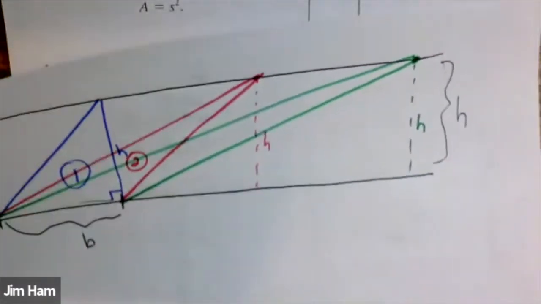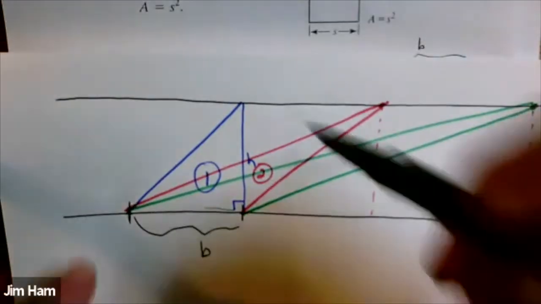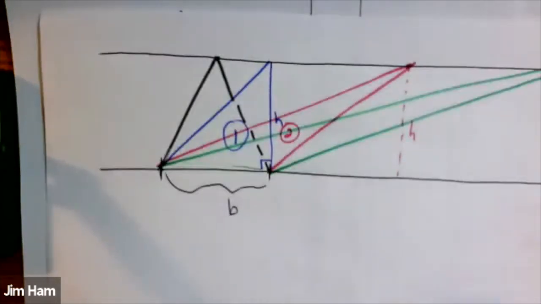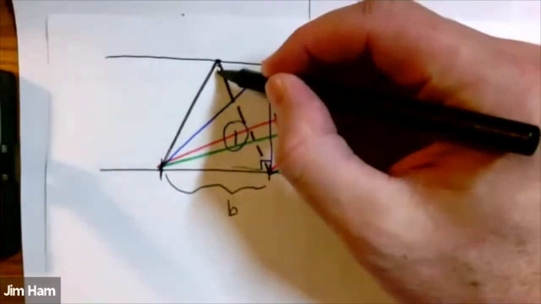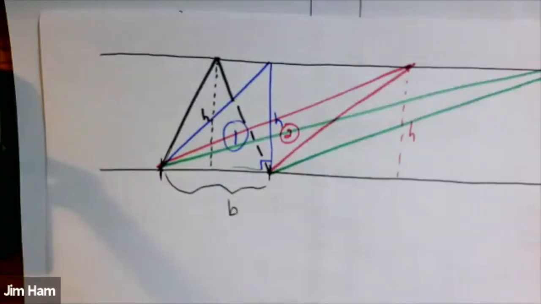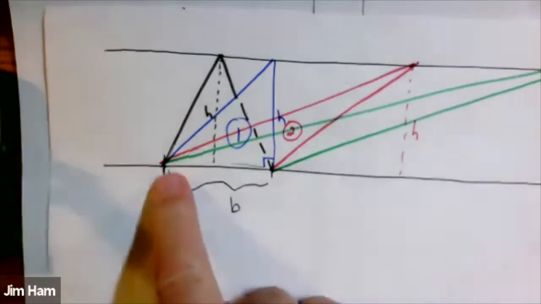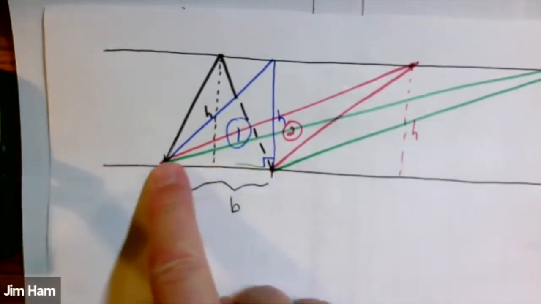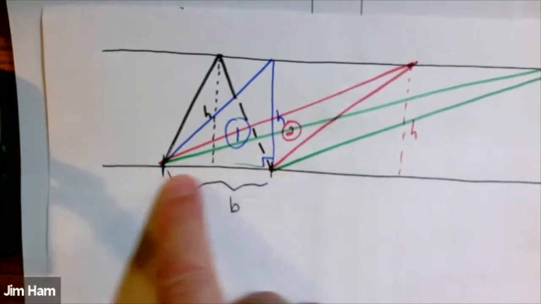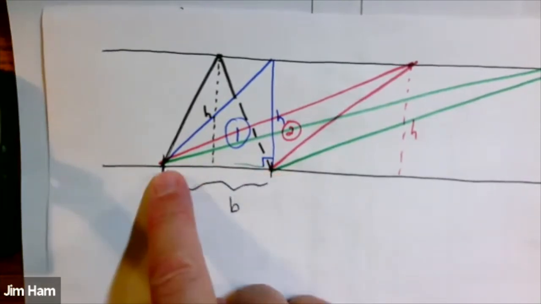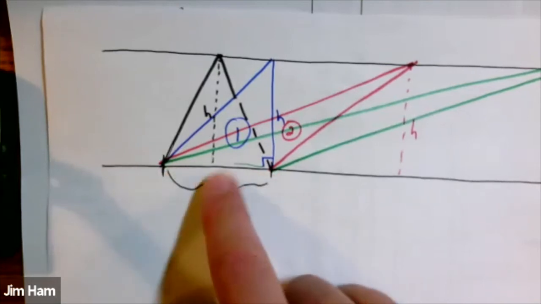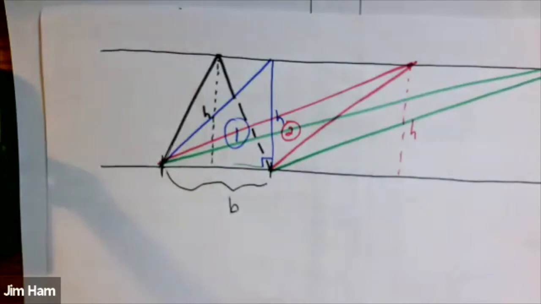Again, it's outside. Maybe I'll draw one more, the black one, and the height here is on the inside of the triangle. But in every single case, I used this base as the lower, flat side. The red, the black, the blue, and the green triangle all have B as their base, and they all have the height as H.